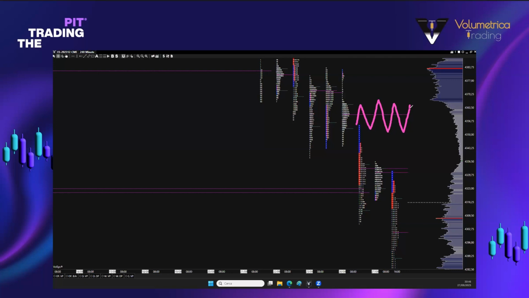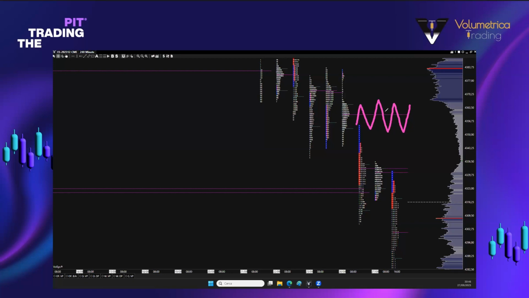So the responsive action we were talking about a couple of webinars ago is still in play. On premium areas, responsive selling is still supposed to be in play, and the POC will just be the maximum point of balance of those areas.